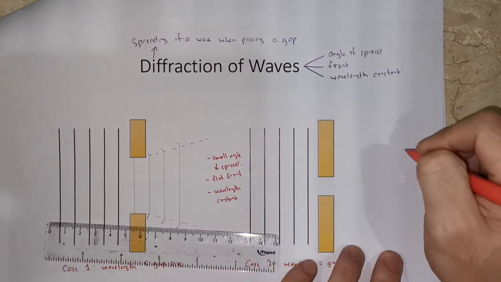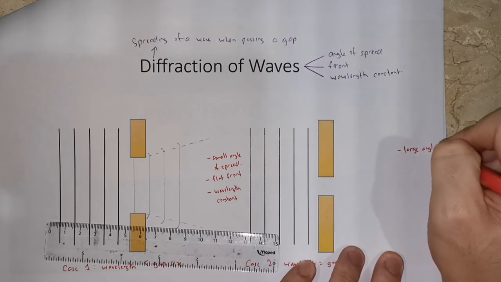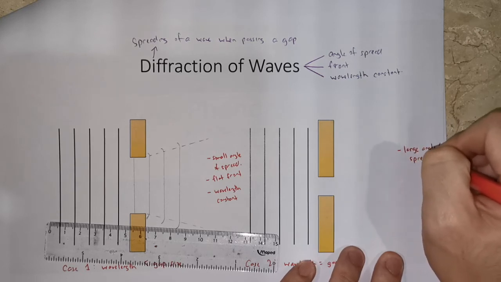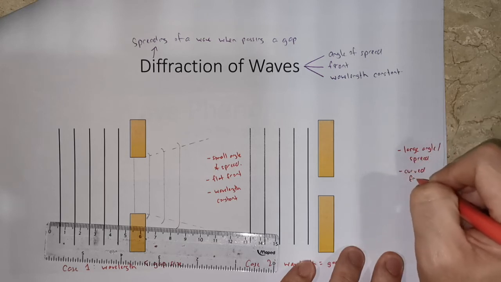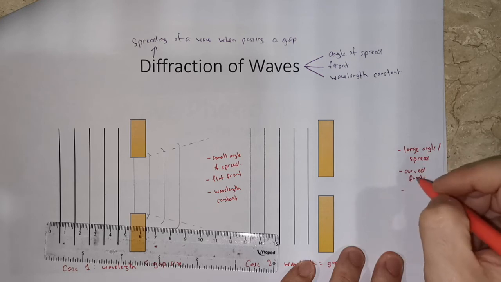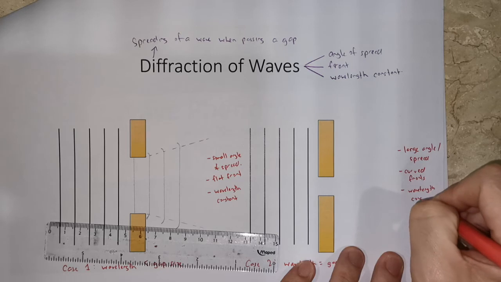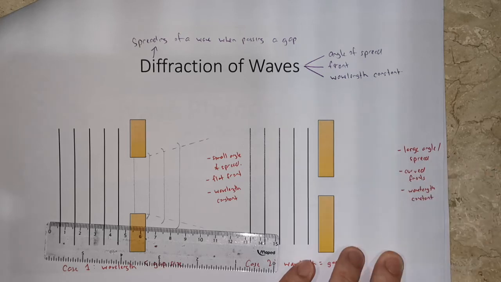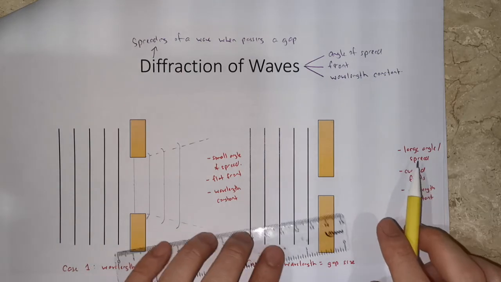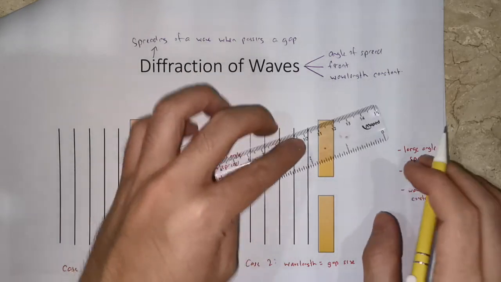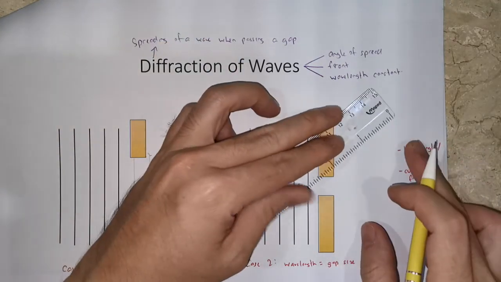The few things we're looking for are a large angle of spread, curved fronts, and lastly wavelength again remaining constant. Let's go through one by one. We go through large angle. Earlier we had a small angle of spread. Now we're going to spread it wider.